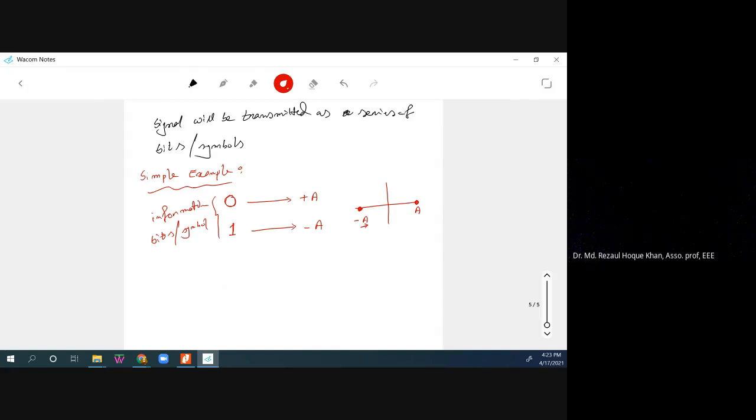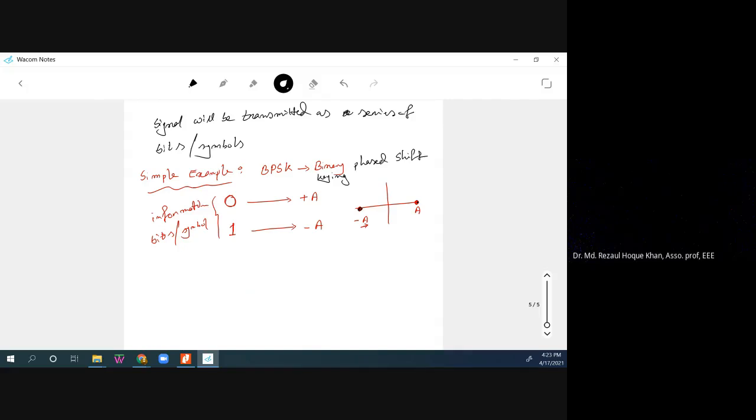Now this kind of mechanism we call BPSK, binary phase shift keying, because we have only two constellation points in a binary.